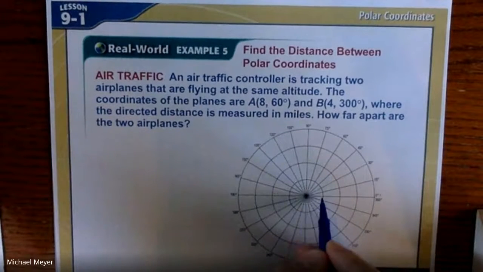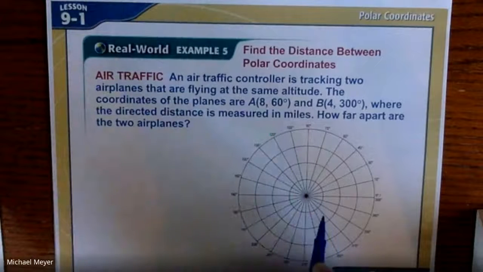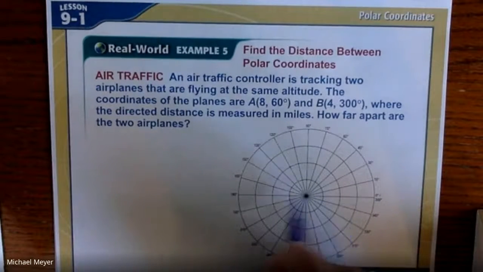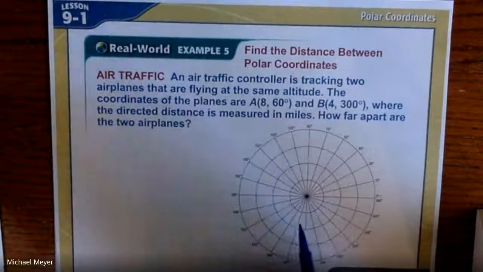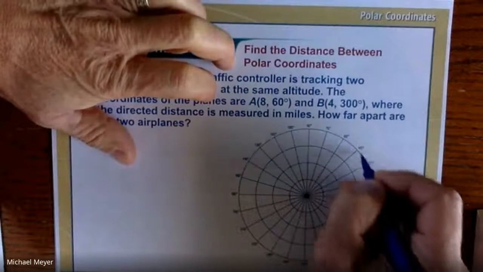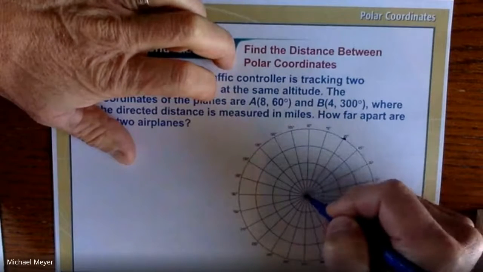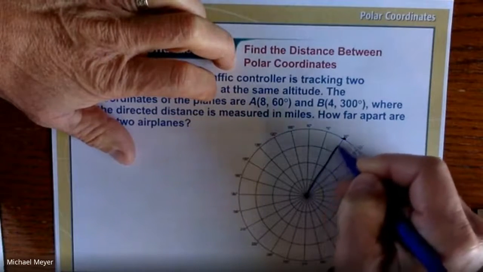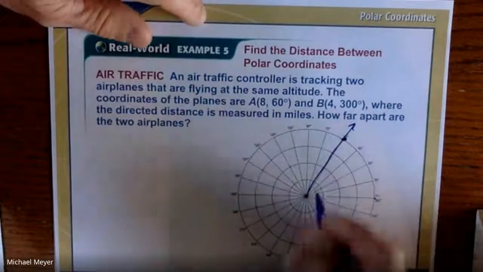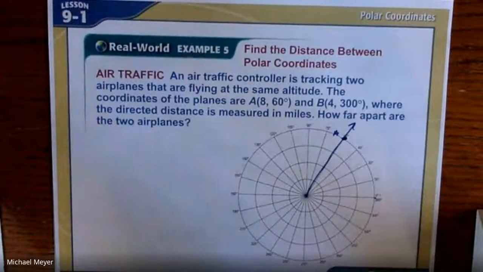I only have 4 rings or 4 radii, so I'm going to count by twos to get to 8. So 8 at 60 degrees would be here. There is the location of plane A.